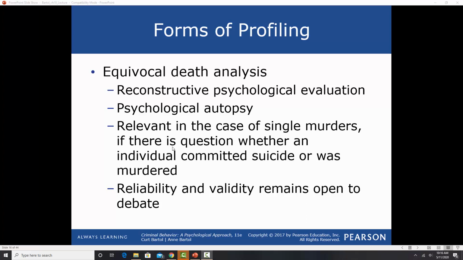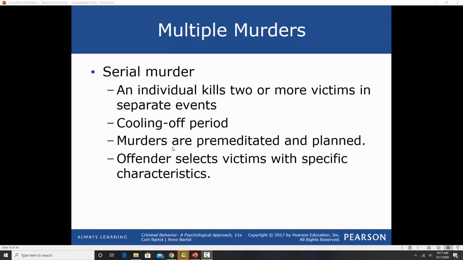In other words, was it a homicide or was it a suicide? This is really done for insurance purposes or for criminal investigations. So again, it's usually reserved for homicide versus suicide, when you can't tell right away which one is which.